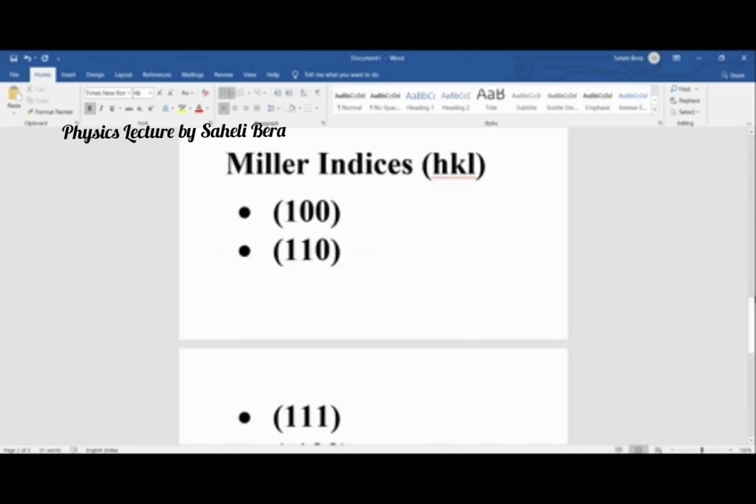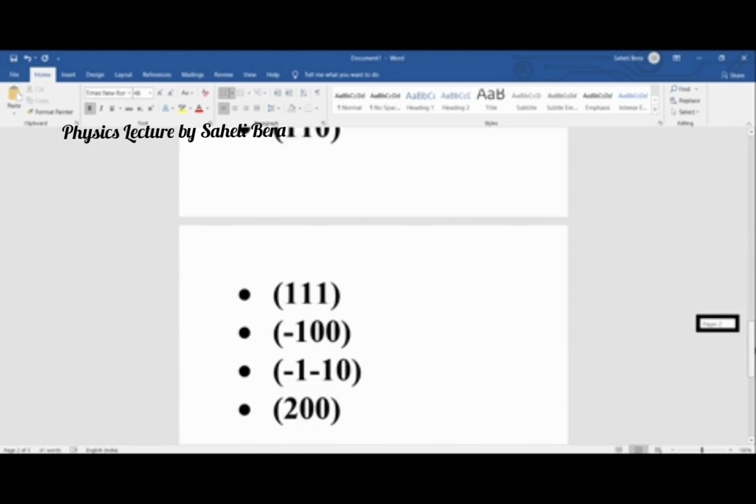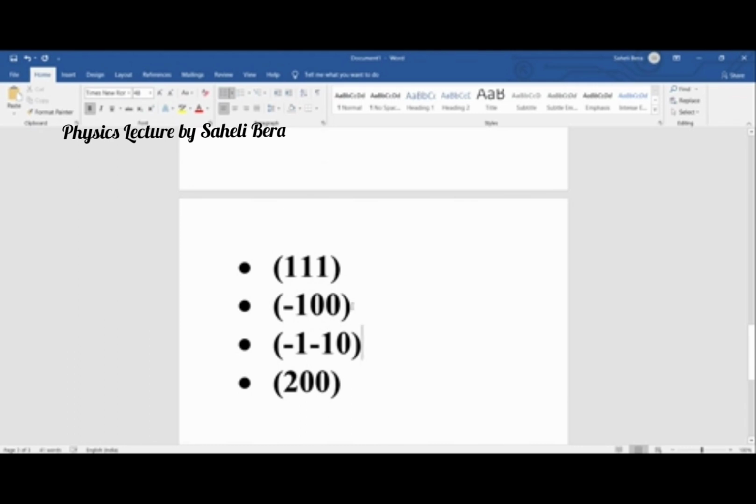Here are some common Miller indices which we should know, because these are basic and sometimes come in the exam. First is 100, then 110, then 111, and then 1 bar 0 0. In Word I could not find the tool to write the bar, so I am writing it as -100, but you should write 1 bar 0 0.